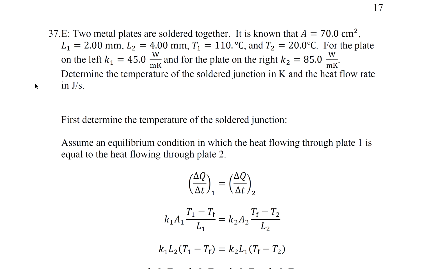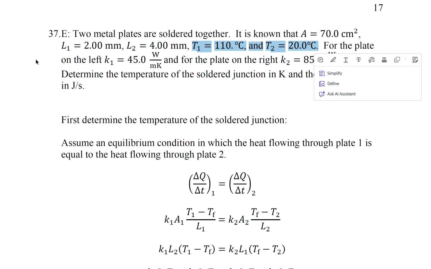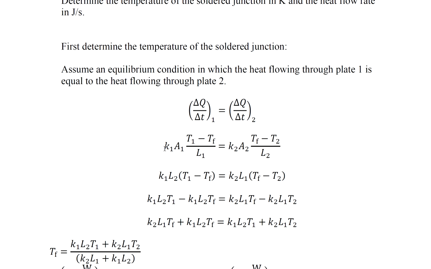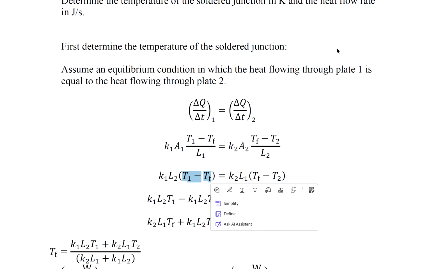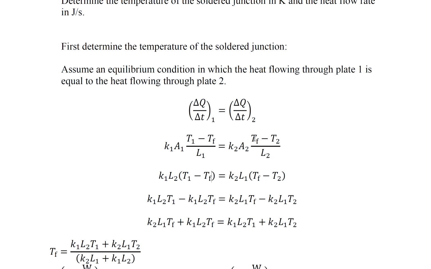Now remember, T1 is hotter than T2, so T1 is going to get colder, and T2 is going to get hotter. That's why we have T1 minus T final, and not T final minus T1. And this is why we have T final minus T2, because this is going to be a positive number.